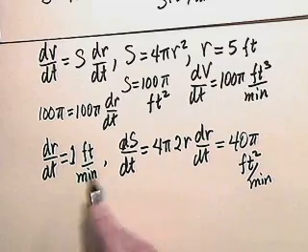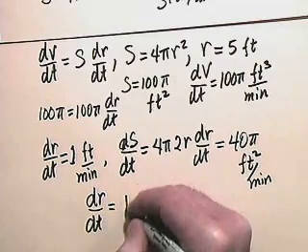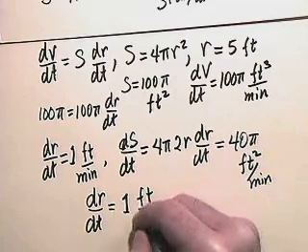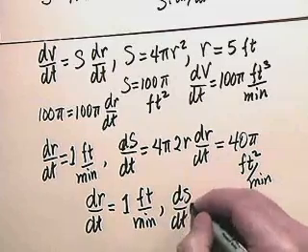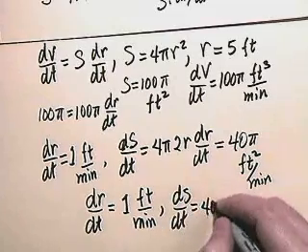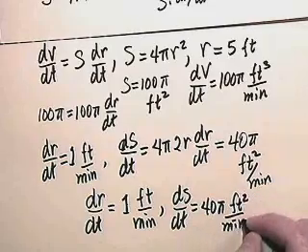So to summarize the final answer then, we have dr/dt is 1 foot per minute, and dS/dt is simply 40 pi square feet per minute. Okay, now that you've seen some of these problems on related rates work, you might want to try some on your own.